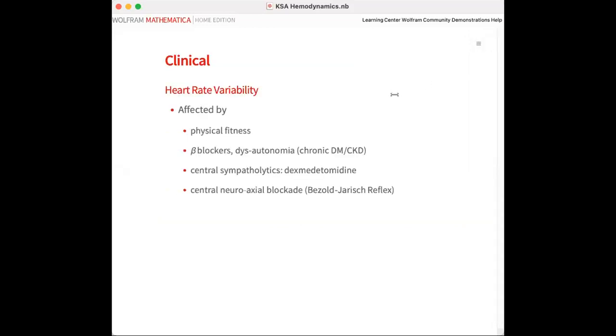So how do we monitor these patients? Of course, you could use clinical variables like the heart rate. So heart rate variability, of course, is very, very important. When you lose your blood volume, you expect the heart rate to go up. Of course, when your blood volume is replenished, you expect the heart rate to normalize. However, what affects this heart rate variability?